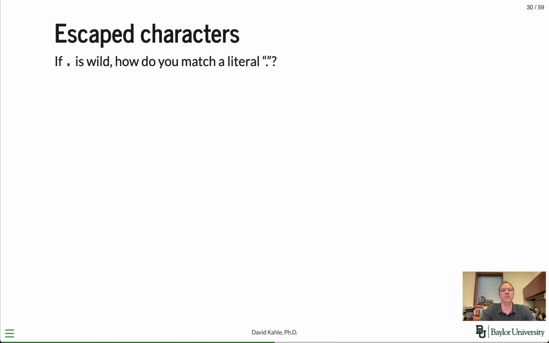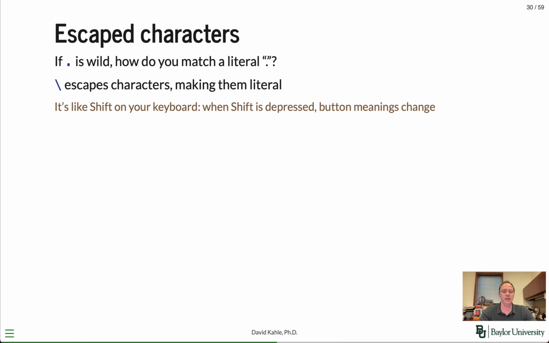Okay? This brings us to the notion of escaping a character. Escaping a character is achieved by putting a backslash in front of it. Okay, and the way that I usually like to think about this is that it's very much like your keyboard. There are many buttons on the keyboard in front of you if you're at a computer, and there is one special button, actually it's two of them, called Shift.